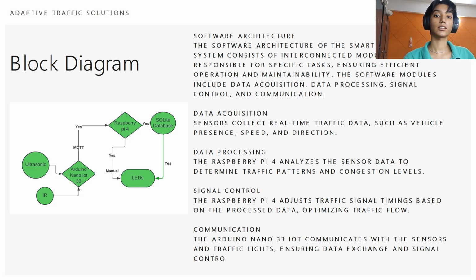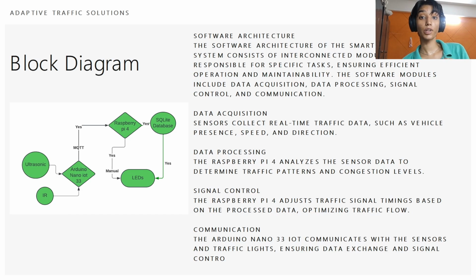So yes, you can turn on the LED for this particular lane, the green LED for this lane, or the ultimate say could be of a traffic police officer who has the GUI, which I'll be designing. I'm thinking of designing it on a mobile phone so that they could easily access it and change the lane accordingly.